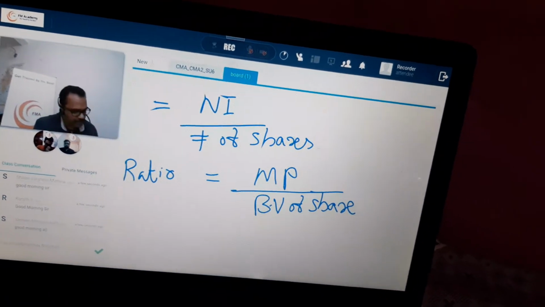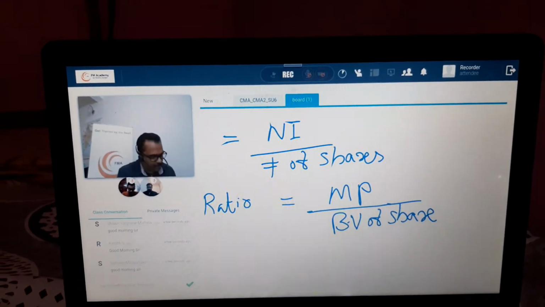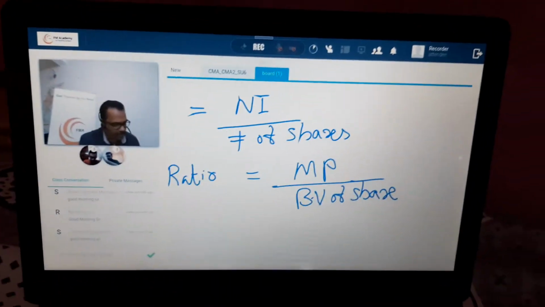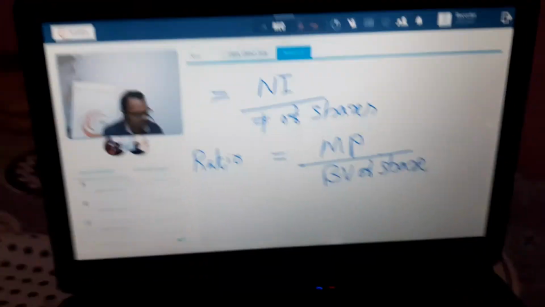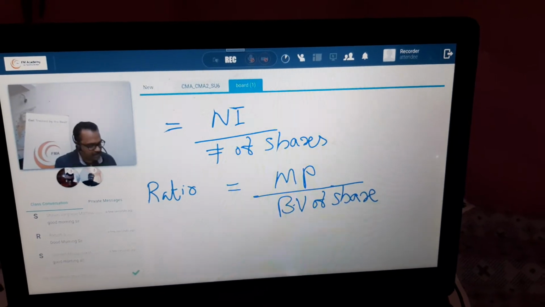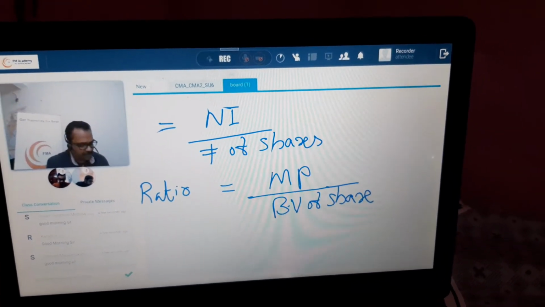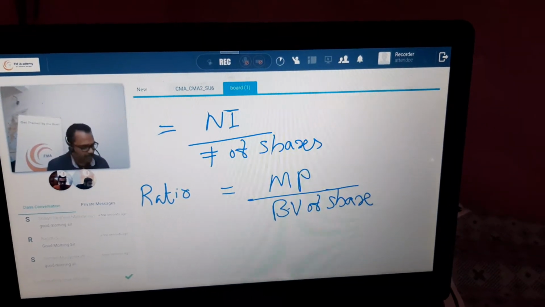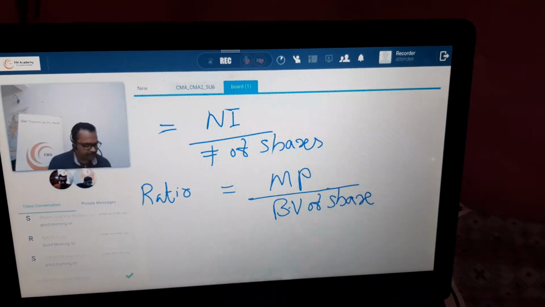Common equity, 3 million. Additional paid in capital, 24 million. Retained earnings, 6 million. Total assets, 55 million. Net income is 3.75 million. Dividend 1.5 million.